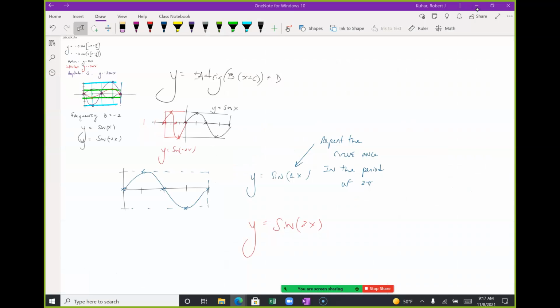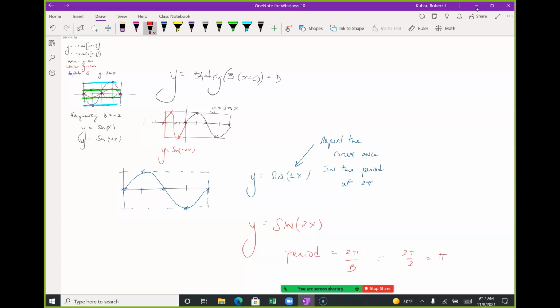And remember, that's going to come from the frequency, the period, right? It says the period is 2 pi over b, right? So when b is 2, I get 2 pi over 2, it does the whole curve inside of pi.